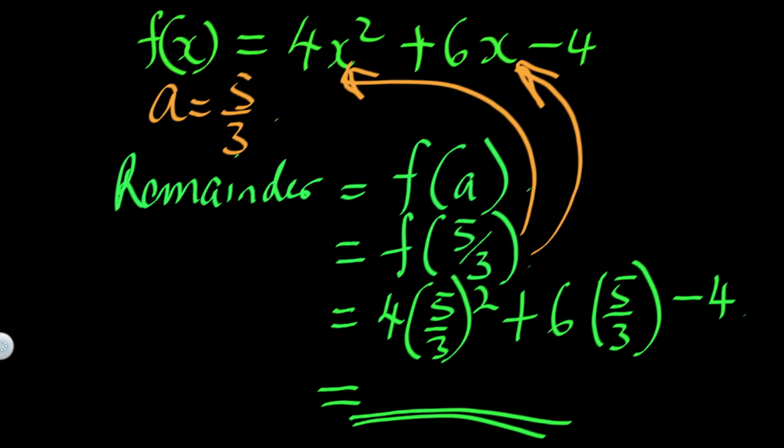I get 154 over 9. Or if we write it to 3 decimal places, that is 17.111. That's our remainder. As long as our A is correct and we evaluated our f of A correctly, then we'll get our remainder as the correct one, 154 over 9.